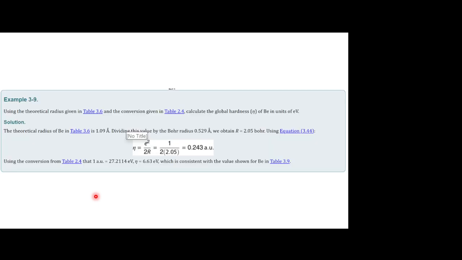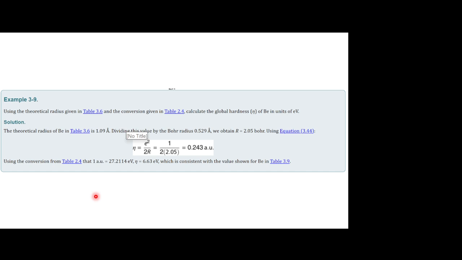So let's go ahead and use those theoretical radii given in table 3.6 and our conversion in table 2.4. We're going to calculate the global hardness of Be in units of eV. So the theoretical radius is 1.09 from that table.